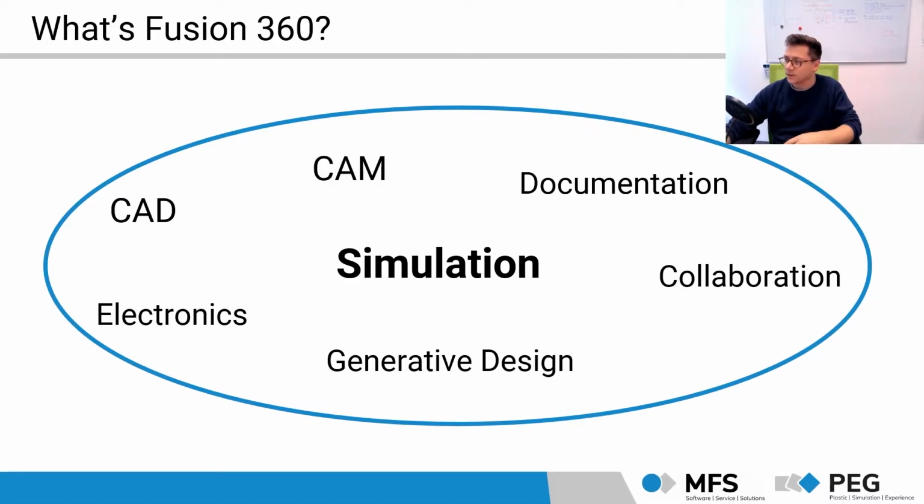So first of all, I want to go a little bit more into detail on what Fusion 360 actually is. So it is mainly a software which aims on enabling to create perfect plastic and metal parts, and also parts from other materials, and to improve them as much as you can, with a focus on the design phase, but also on the modeling phase, and then later on also on the manufacturing phase.